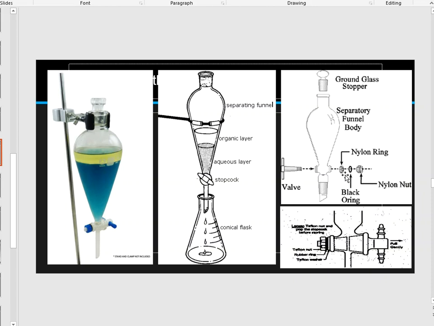That's the proper order to attaching a stopcock at the bottom of the sep funnel so it doesn't leak on you. And you can kind of see this in the diagram down below, right? Here's the stopcock area. You see the plastic piece, then the rubber O-ring, and then the little turny valve or the nut that you put on afterward.